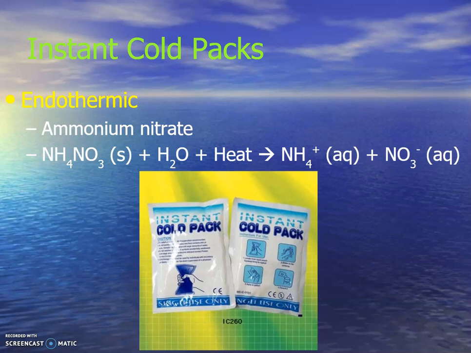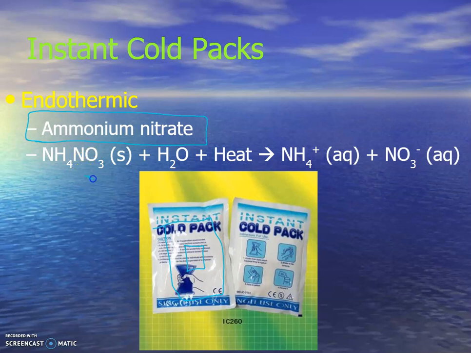All right, so what are some examples of our endo and exothermic reactions? It's obviously a chemical reaction when we have an instant ice pack. You've all probably used them. It's not always going to be cold, but there is a small amount of ammonium nitrate inside the packet, inside one little vial, and then there's another big bag right there.